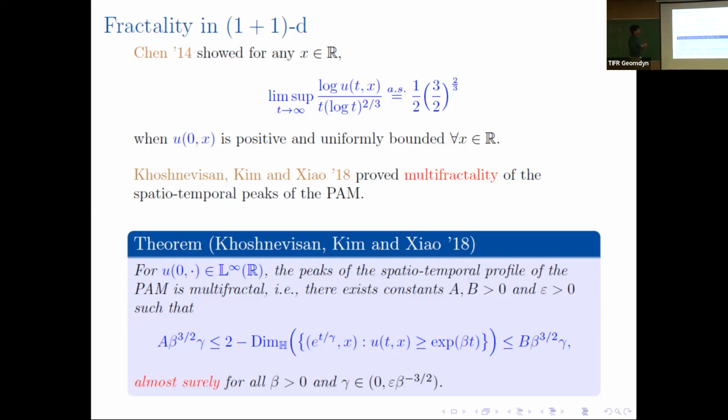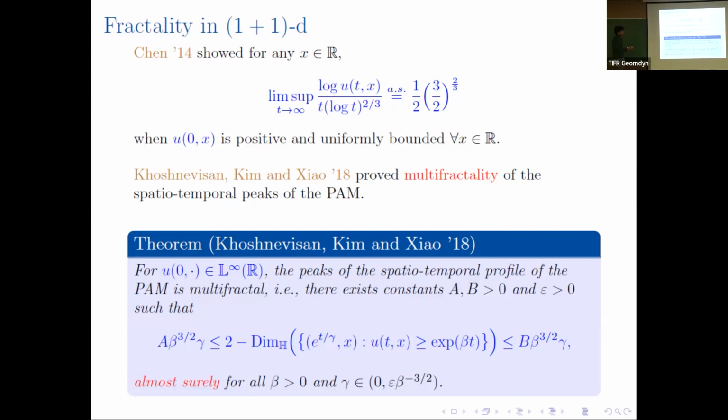This was done by Jaeyun in 2014, and what he found is that for a large class of initial data, the logarithm of the solution of the parabolic Anderson model, scaled by t times (log t) to the power 2/3, would go to a perfectly deterministic limit, 1/2 times (3/2) to the power 2/3.